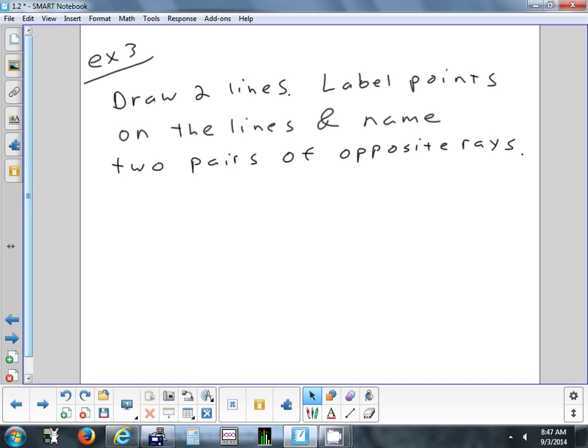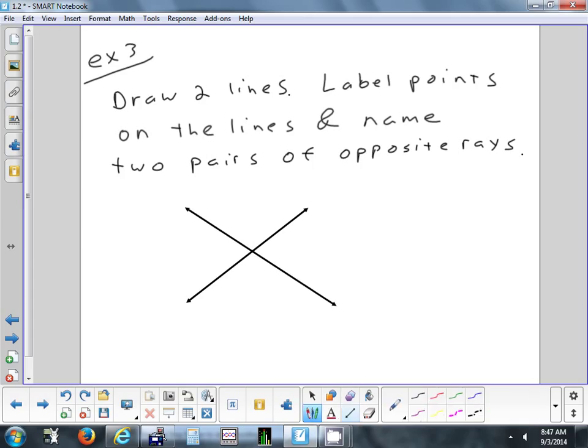All right, so Connor, we're going to come up and try to draw that. So he's going to draw 2 lines. So there's 1, there's 2. And now if we want to name some opposite rays, we've got to label some points. Where they intersect, that's a good one to label.